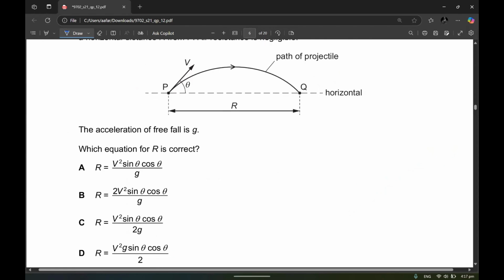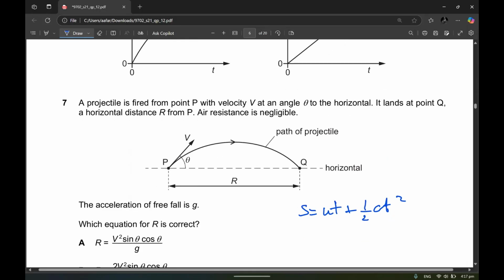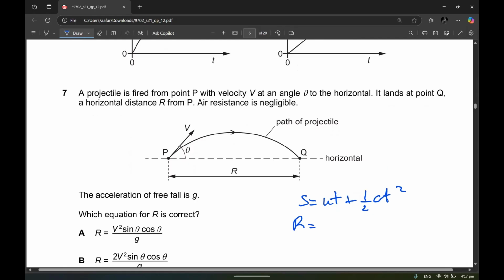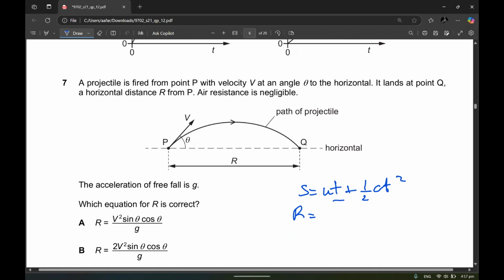Okay, so we know that S is equal to ut plus half at square. S is r, u is... we don't have t, right? That's a problem.